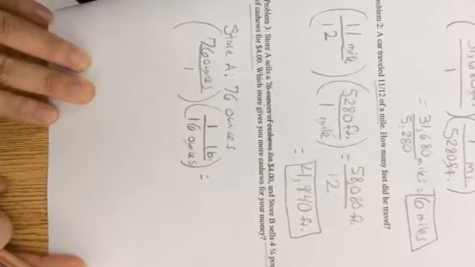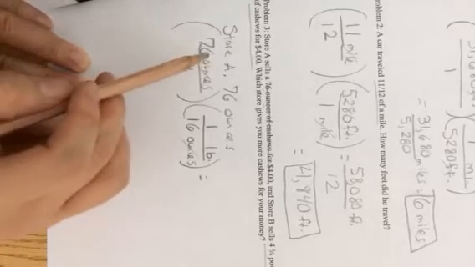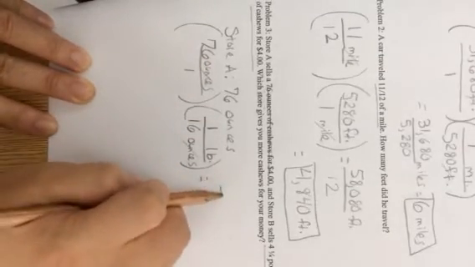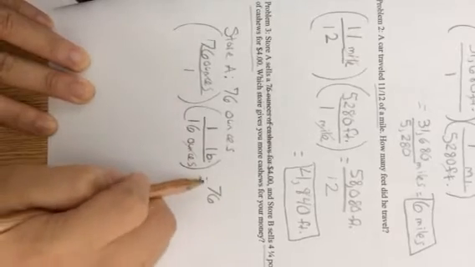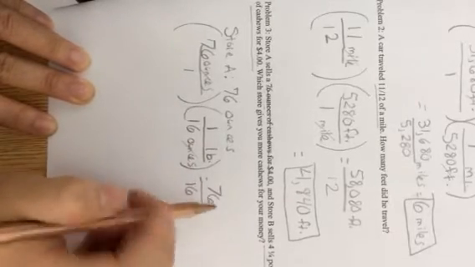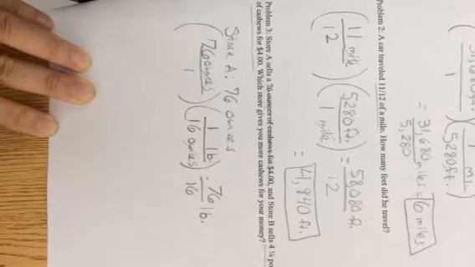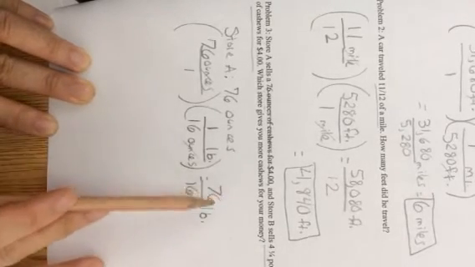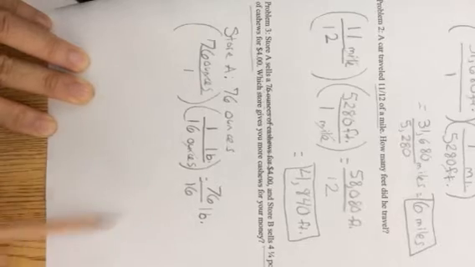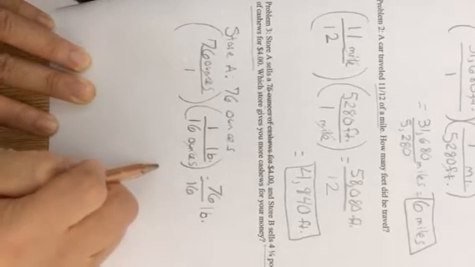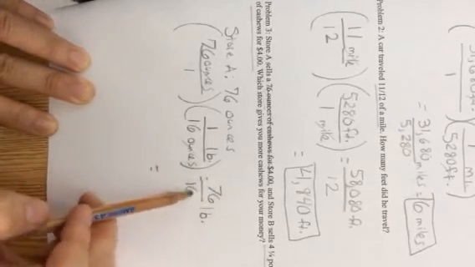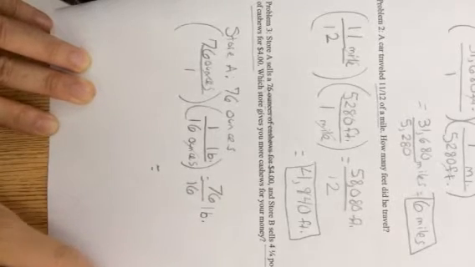Now I can multiply my numerators and then multiply my denominators. 76 times 1 is 76, and then 1 times 16 is 16. So I have 76 over 16 pounds. Now I can't leave it like this, so I have to reduce. What I like to do is simplify this first and then change it to a mixed number.